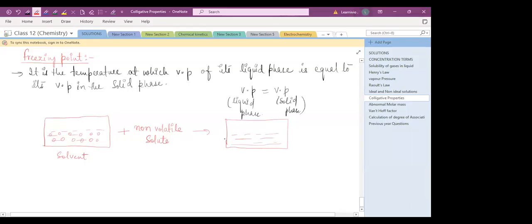And this solution will contain your non-volatile solute particles as well as your solvent particles. I'm denoting the red color as solvent particles, and the blue color as non-volatile solute particles.